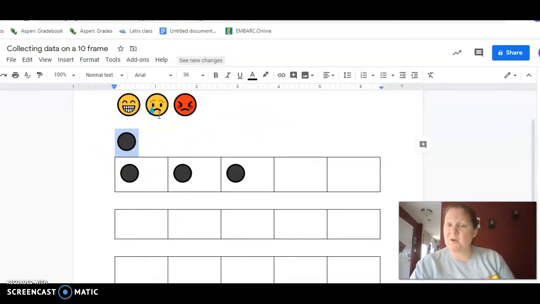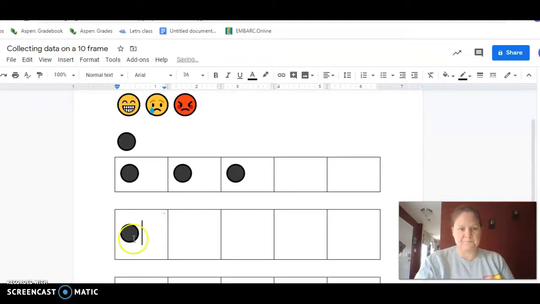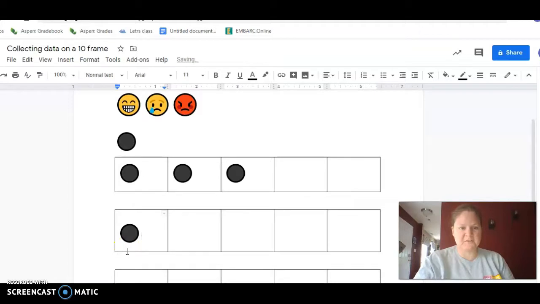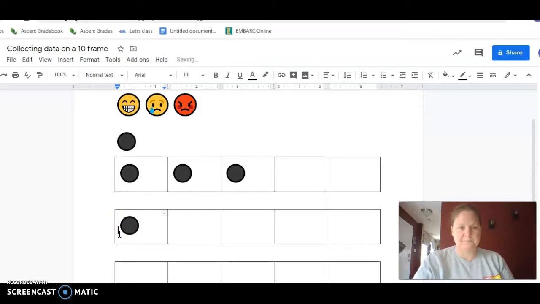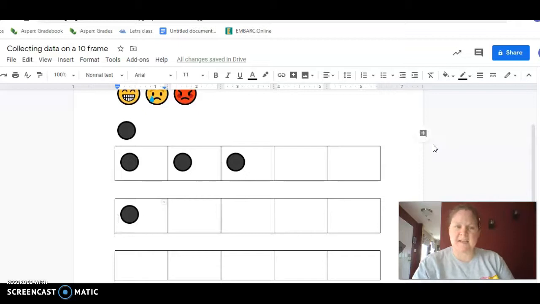Now let's say I want to know how many are sad. Pretend only one person raised their hand and said, I'm sad. So I would just put 1 circle, because only one person was feeling that right now. And the last one, mad. What if I said, how many people are feeling mad?